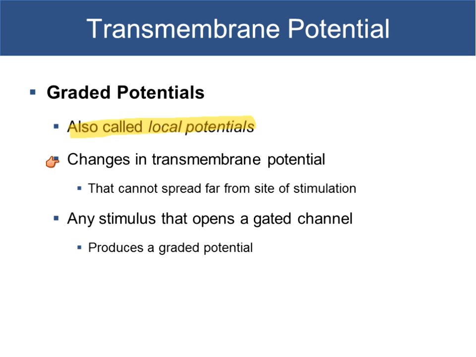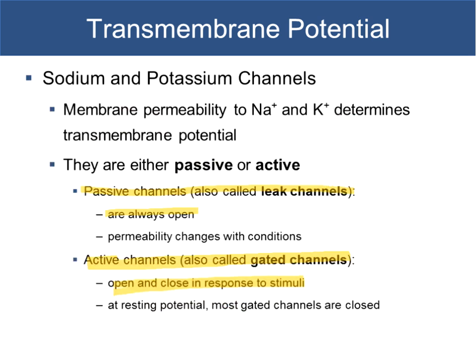Now, this graded potential depends on how much sodium comes in, and it's not going to be able to spread very far from that site of stimulation where those channels were opened up. So that stimulus that opened that channel is going to produce a localized potential known as a graded potential.